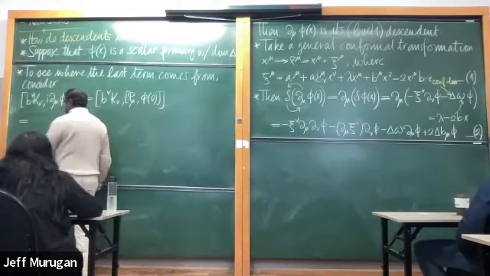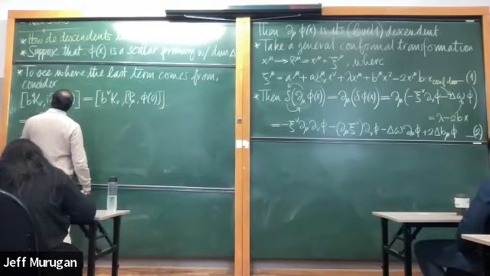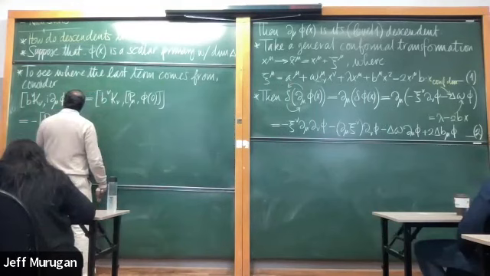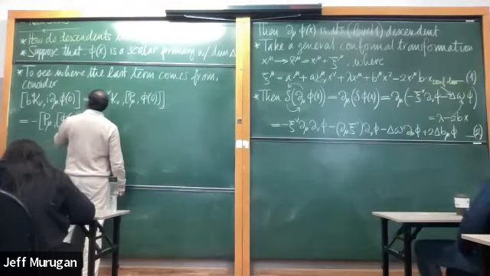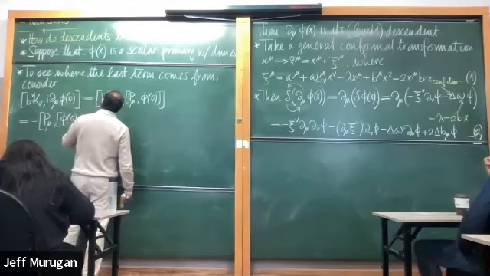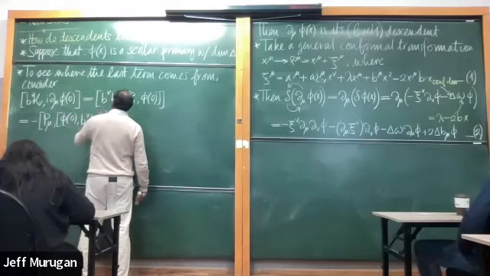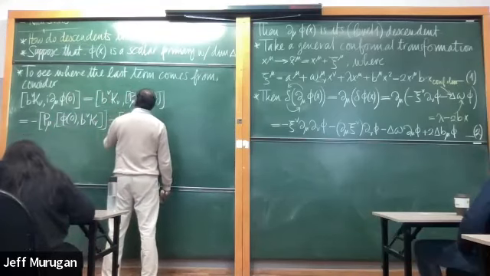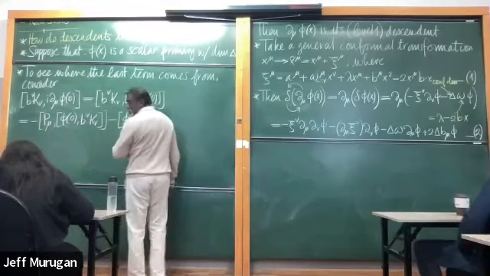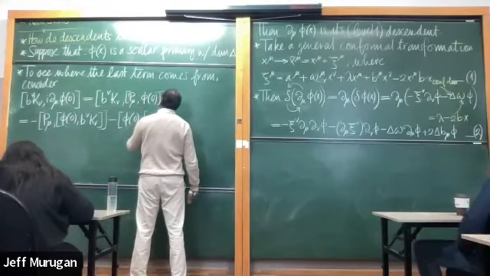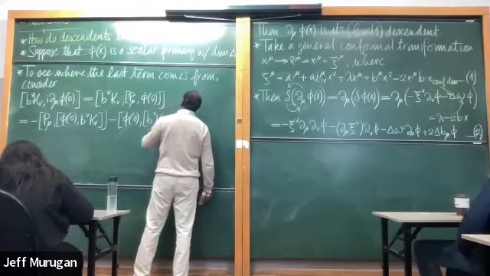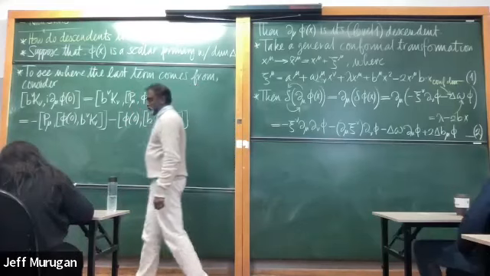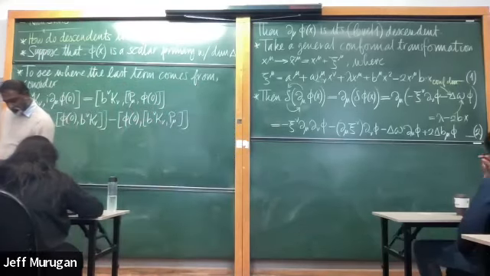So this is just minus the commutator of P mu with the commutator of phi of naught and b nu K nu, minus phi of naught, commutator of b nu K nu with P mu. Okay, and this comes from the Jacobi identity.